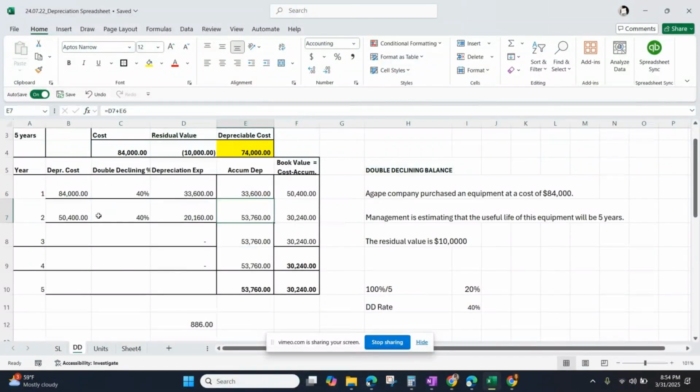The book value for the second year is, again, the original cost, $84,000, minus the accumulated depreciation so far. Now, for the third year, we continue with the book value of the ending of the second year, which is $30,240.